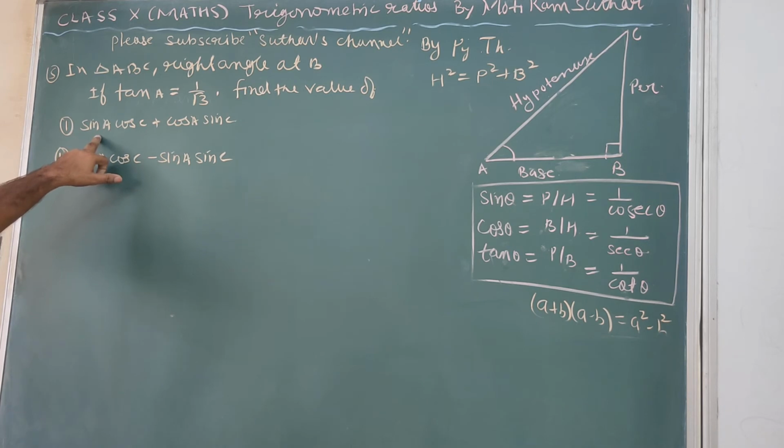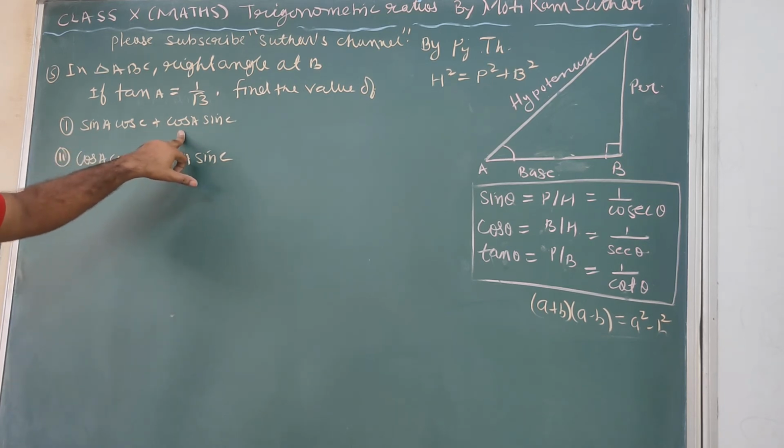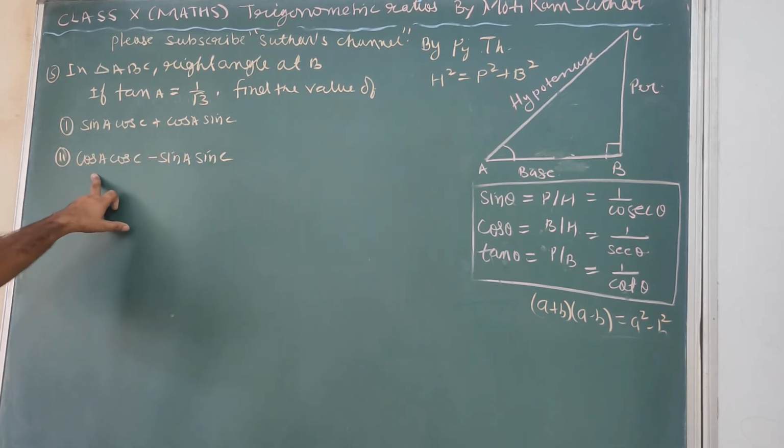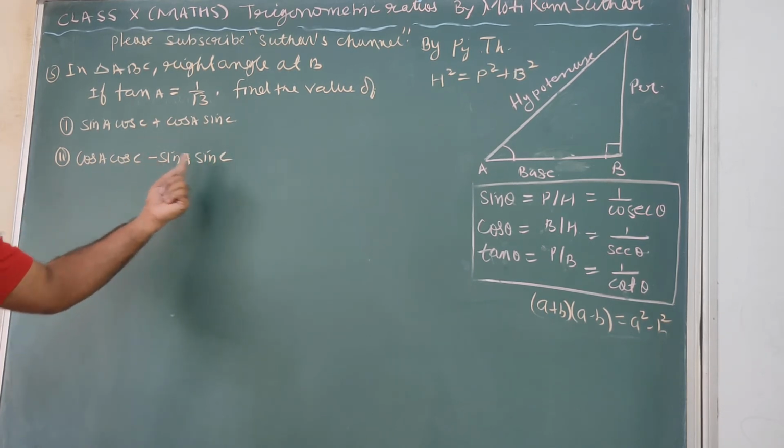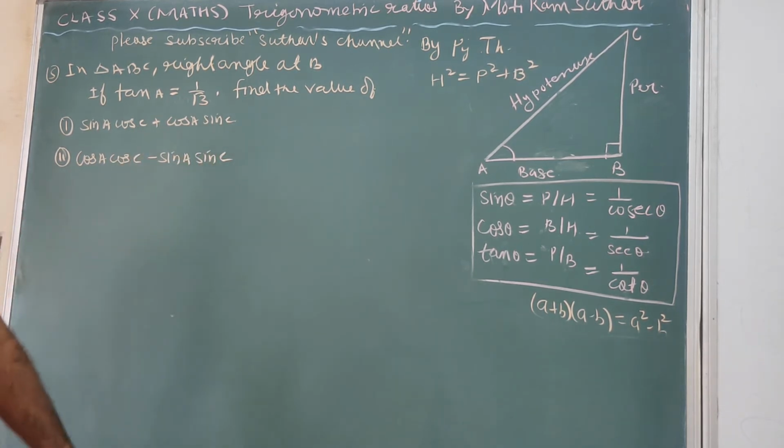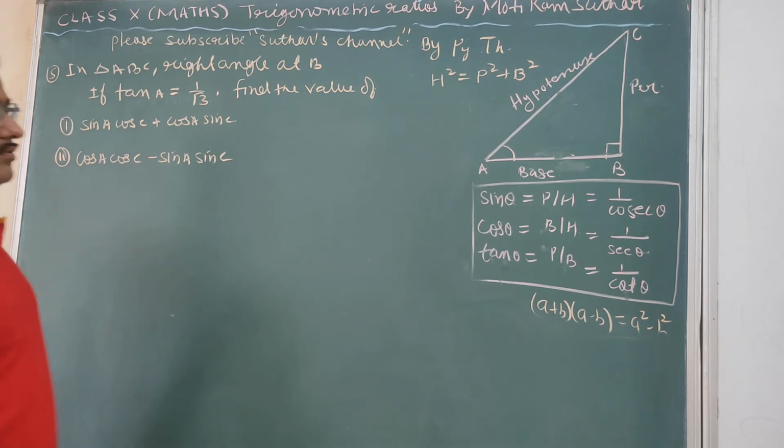First is sin A cos C plus cos A sin C. Second, cos A cos C minus sin A sin C. Now here we are considering two angles. Clear? So see what type of problem we have to solve.